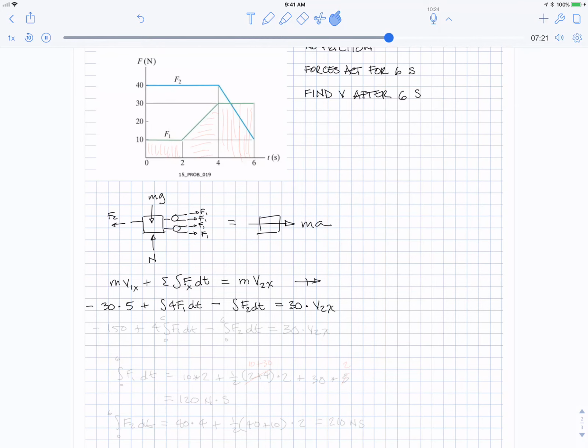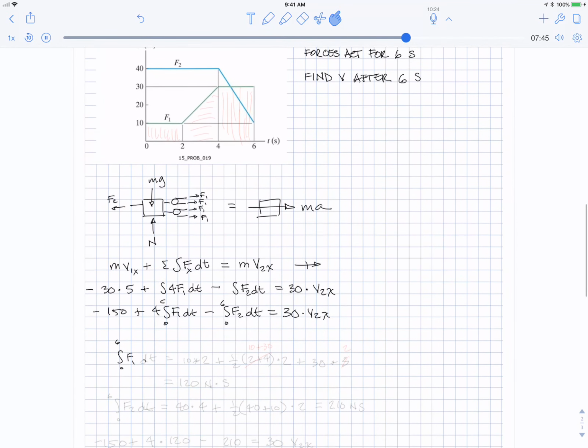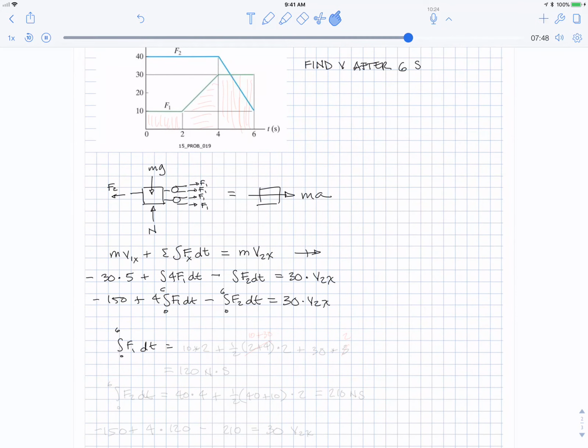So this is going to boil down to finding, let me take the 4 out, the integral of f1 dt from 0 to 6 seconds minus the integral of f2 dt from 0 to 6 seconds, and then solving for v2x. Well, the integral of f1 dt is just the area under the f1 curve, and so the graph is in newtons and seconds, so that's correct.